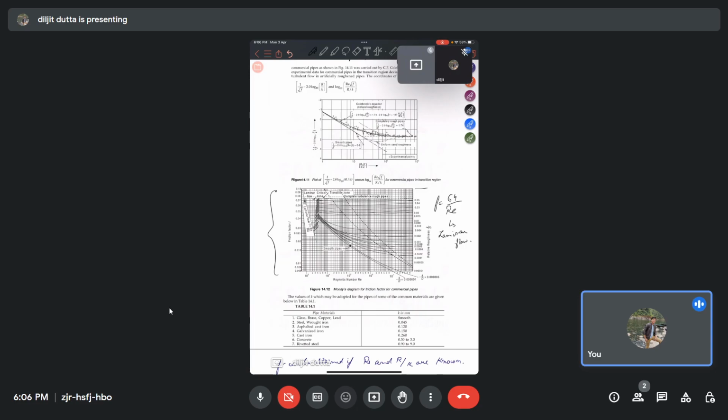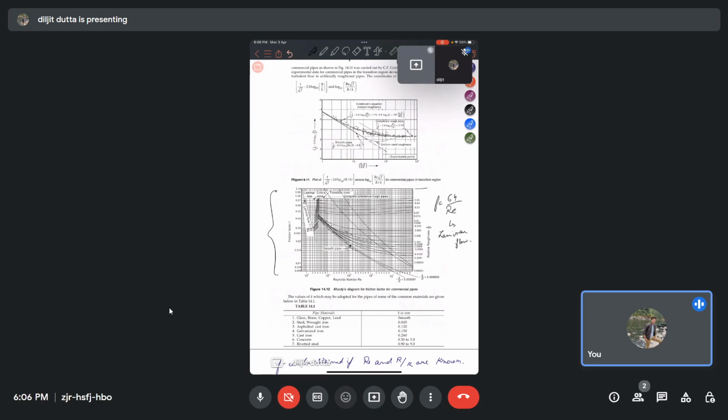You can see for smooth pipes the value of f is decreasing as the Reynolds number is increasing. When it is laminar, it is almost an inverse hyperbolic relation.